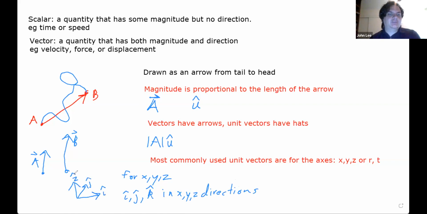So just how you draw out a normal 3D Cartesian graph. If you've ever done that, if you haven't, I would be really, really surprised. But I, J, and K: X is I, Y is J, and Z is K.